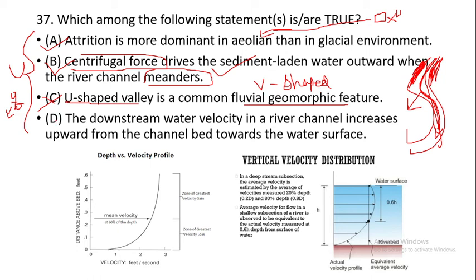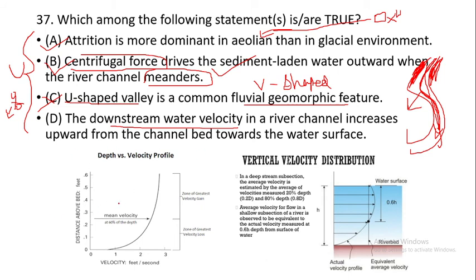Now, 4th option. The downstream water velocity in a river channel increases upward from the channel bed towards the water surface. That is, the downstream velocity in a river channel, what will happen? Yes, it increases upward from the channel bed.